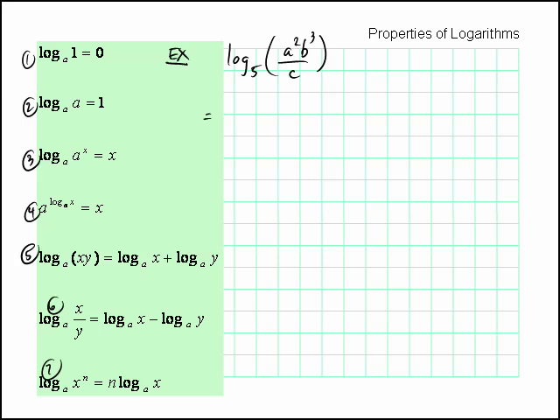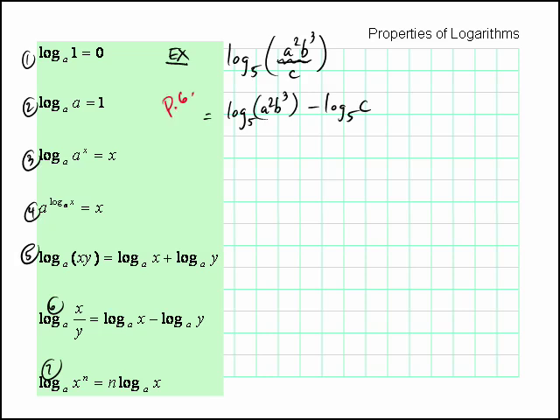Okay, I'm going to write this out as a sum or difference of logarithms. First thing I notice here is the division. The division can be turned into subtraction. This is now the log of a squared b cubed minus the log of c. That's using property number 6.